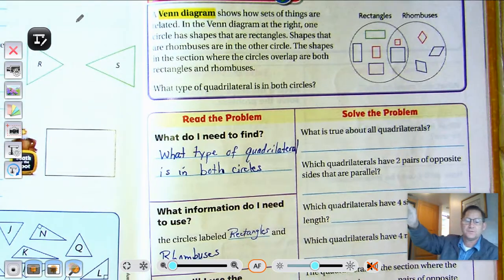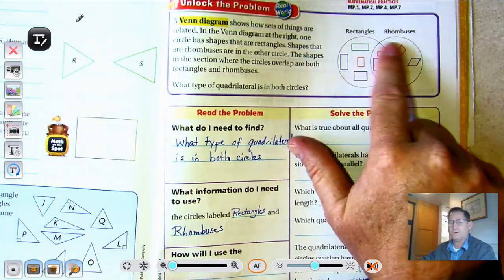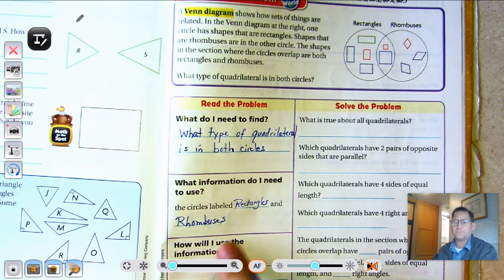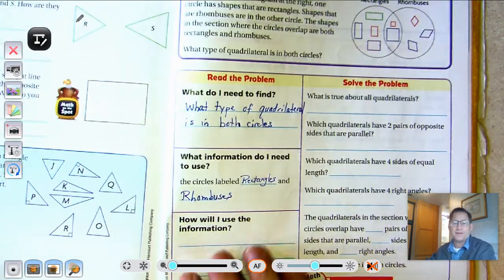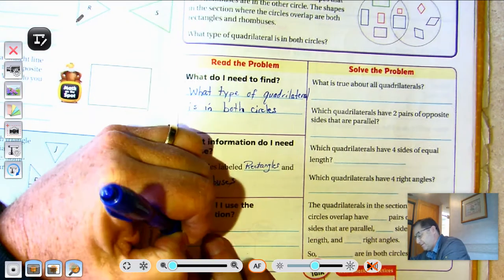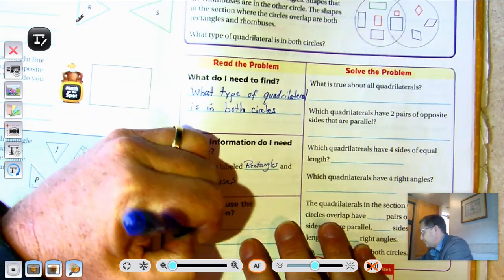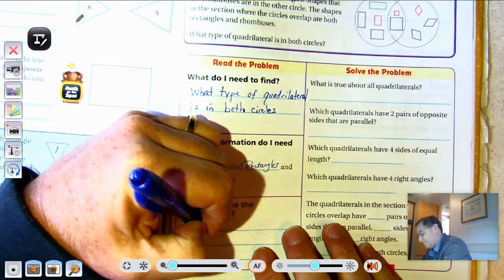Okay, so we need to use the title of the circles to figure out what type of shapes are in the middle. How will I use the information? Okay, so I can describe the shapes.